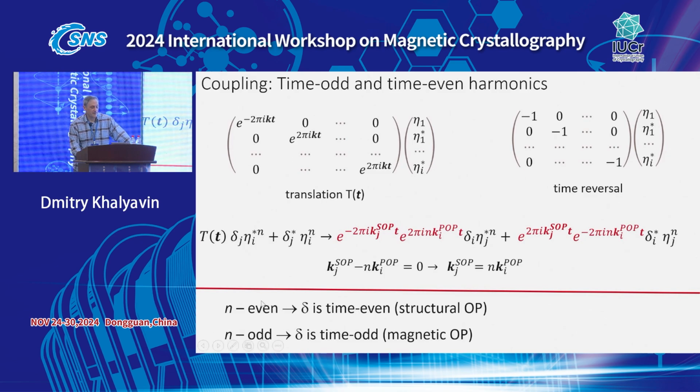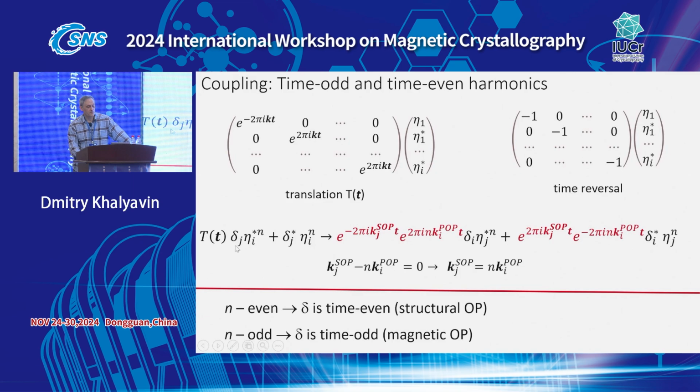And the second condition is time reversal. In order for this free energy term to be invariant with respect to time reversal, we need to look at the power of this invariant. It will be invariant if all components which are time odd appear in even number.